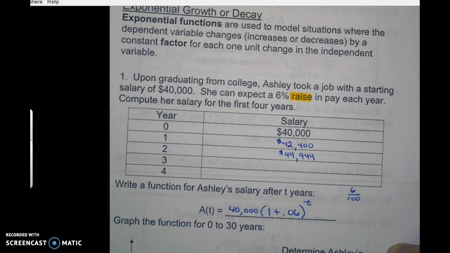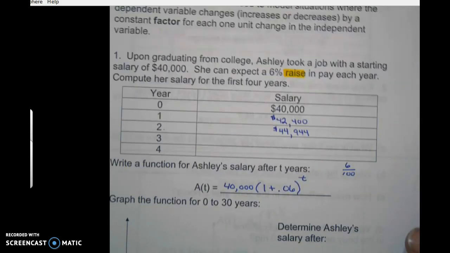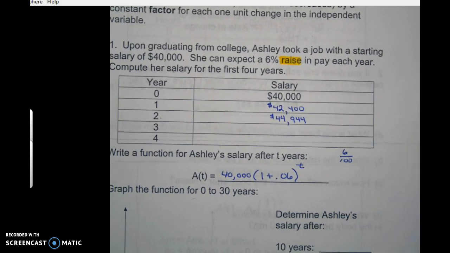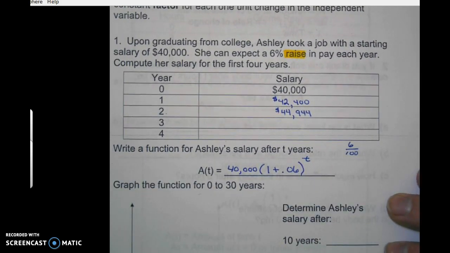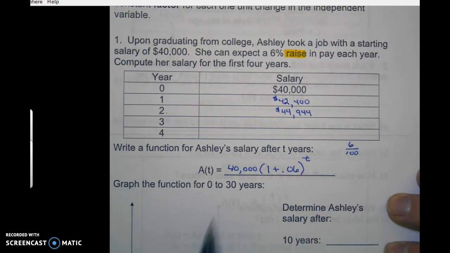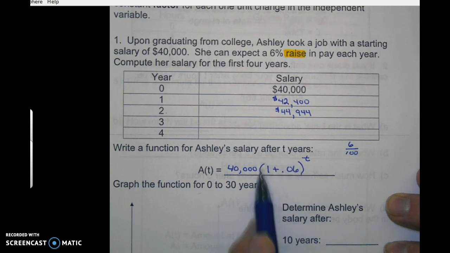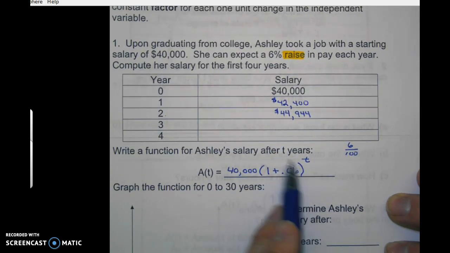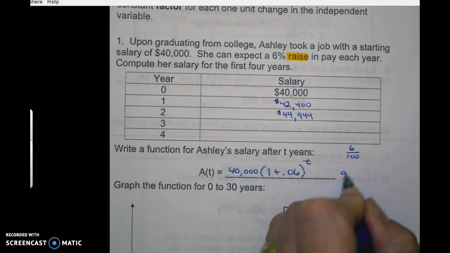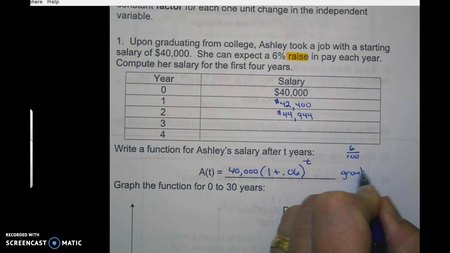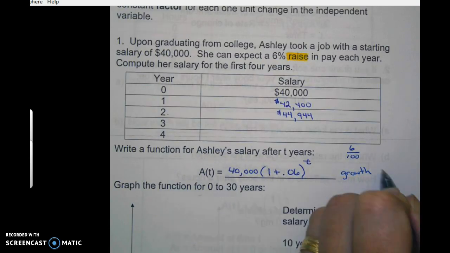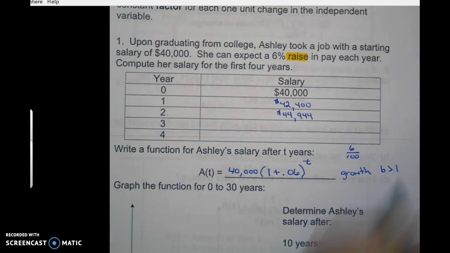Okay, couple last minute things before I run out of time is, you know that we have a growth if the base is greater than 1. Okay, growth, we know the base has to be greater than 1.